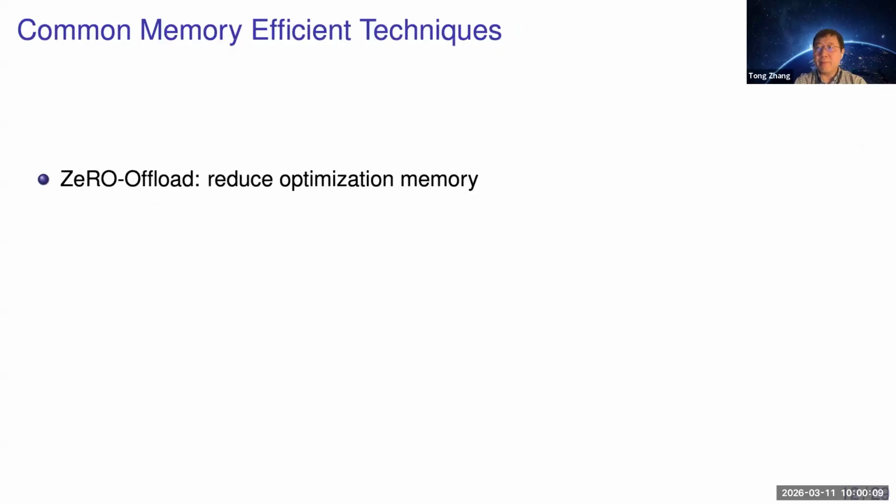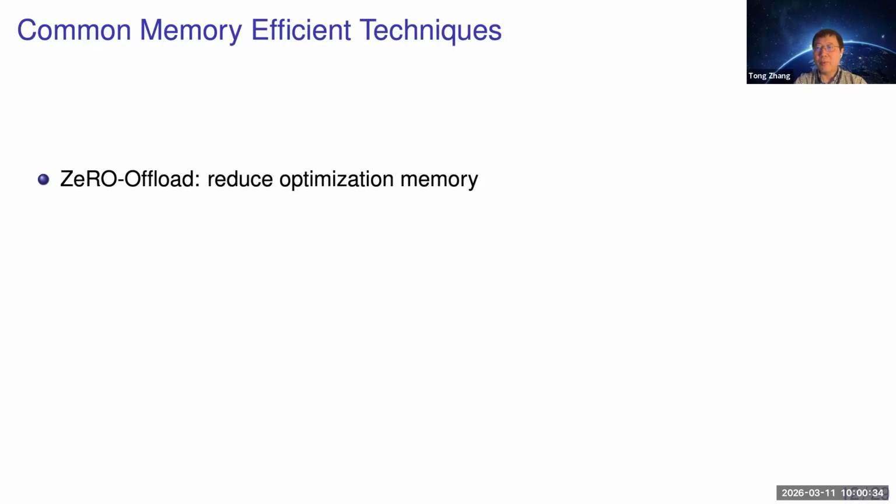So let's look at memory efficient techniques, in particular for training. We already know that we can use half precision, so that saves some memory. But then we are not talking about the calculation for gradients and optimization states. This is where the other things will come in.